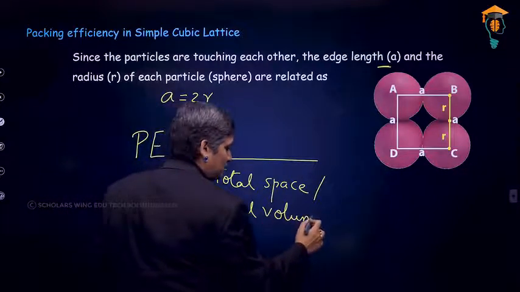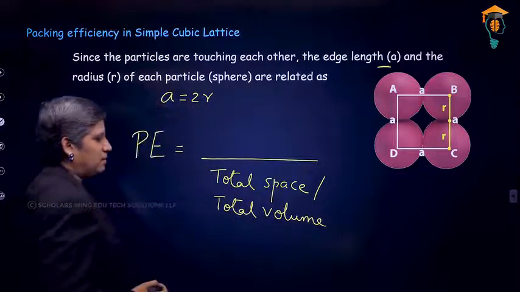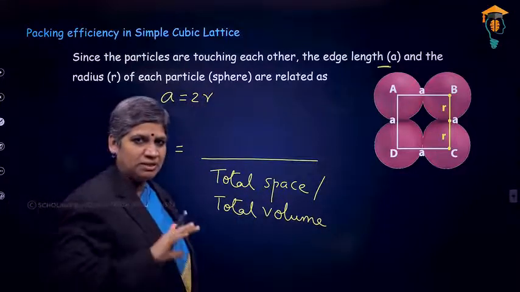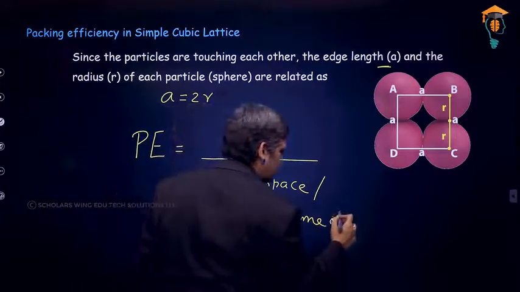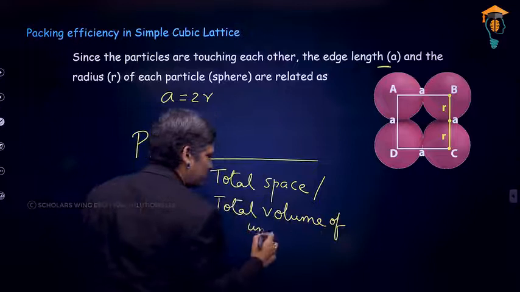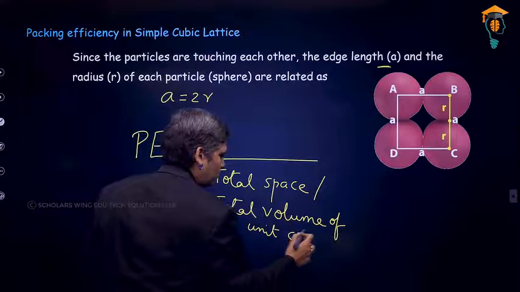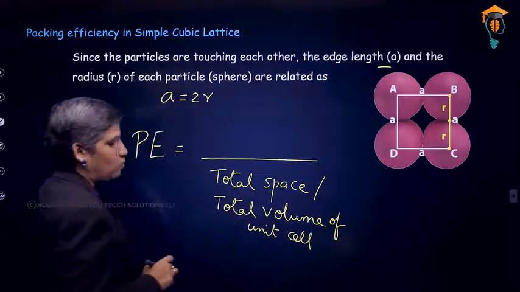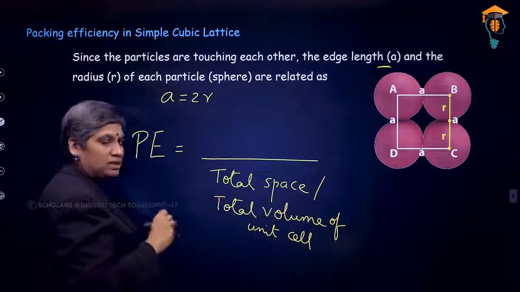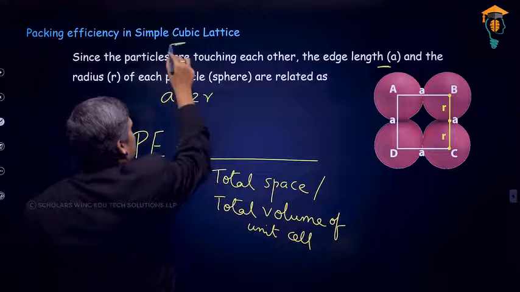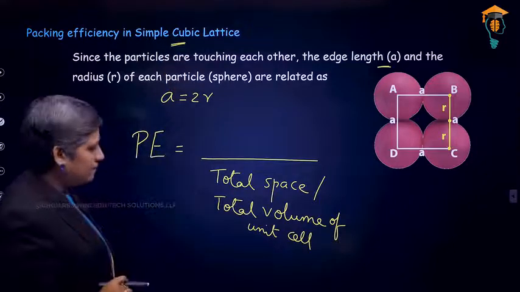Because we're talking about 3-dimensional space, and the quantity that represents 3-dimensional space is nothing but volume. So total volume of what I said? Unit cell. Whichever unit cell you have taken here. What do I mean? The type of unit cell you have considered here in turn depends on the structure we are dealing with. Okay, my dear? Very good.